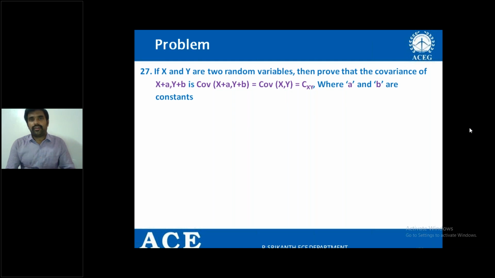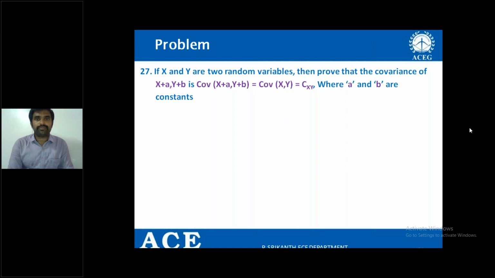In the last session, we mostly targeted one parameter, that is covariance. We discussed what covariance is, how to define it, and the properties of covariance.